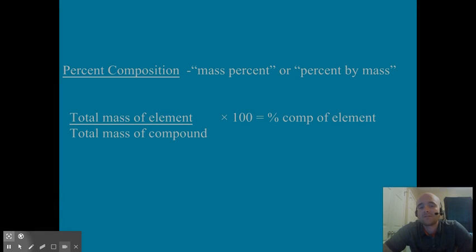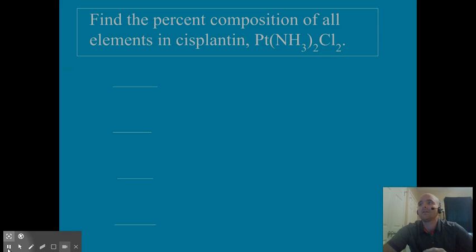The percent composition is known as the mass percent or percent by mass. You will take the total mass of the element and divide it by the total mass of the compound. This will give you a decimal, and we will multiply by 100 to create a percentage. To find the percent composition of cisplatin, what we've been using before, we will need to identify how many elements are in there.